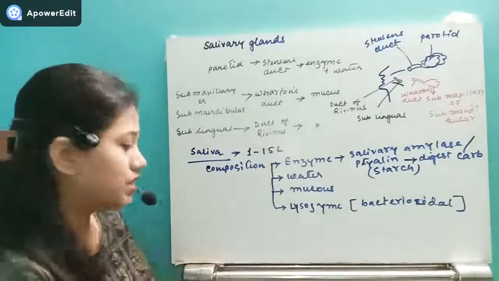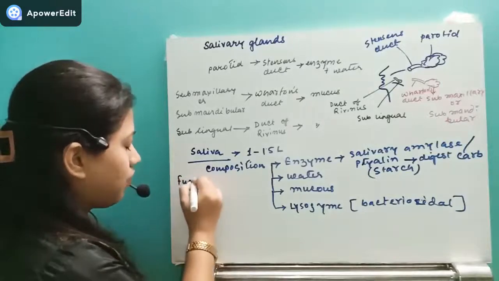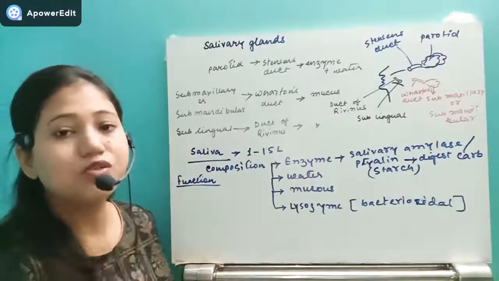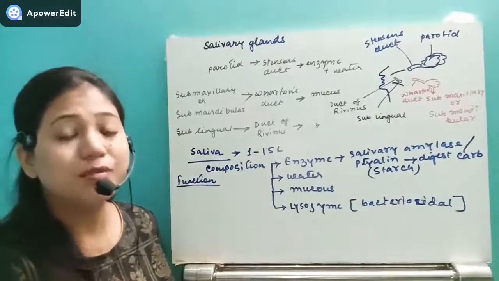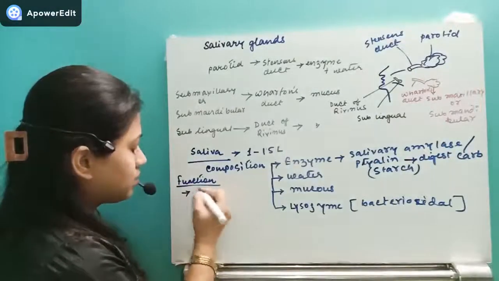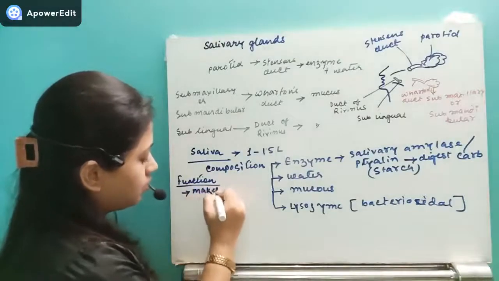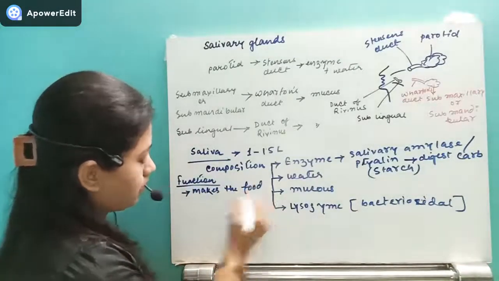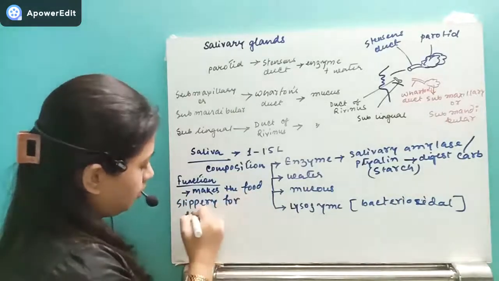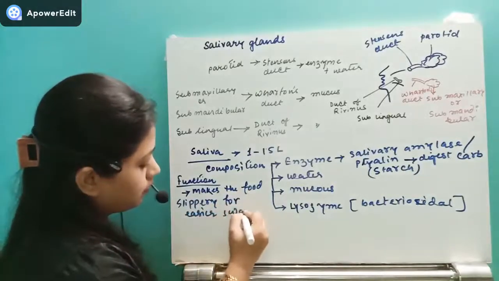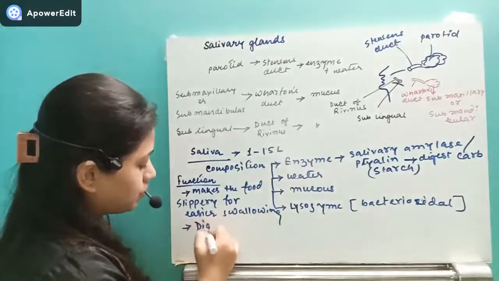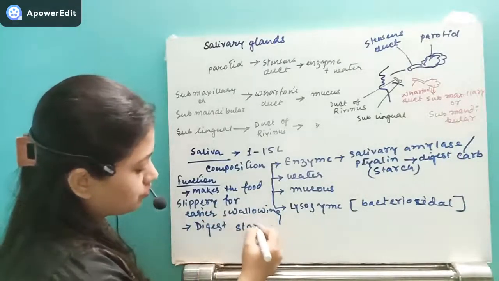This saliva, what is the function? If you see the function, what is the function of saliva? It helps in deglutination. Deglutination means it makes the food slippery, right? So that we can easily swallow it. It makes the food slippery for easier swallowing. Second thing, it helps in digesting starch.